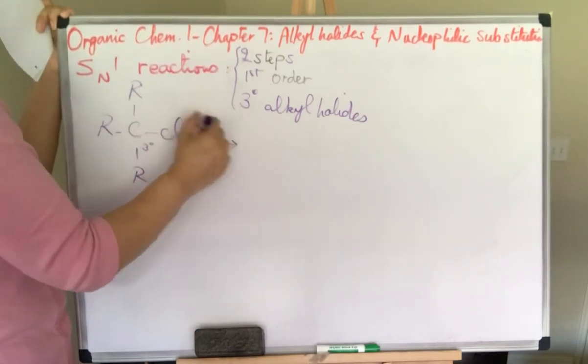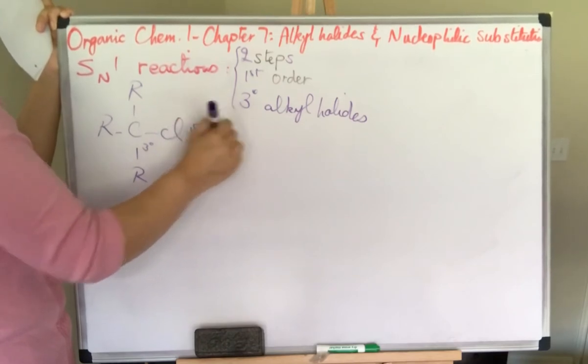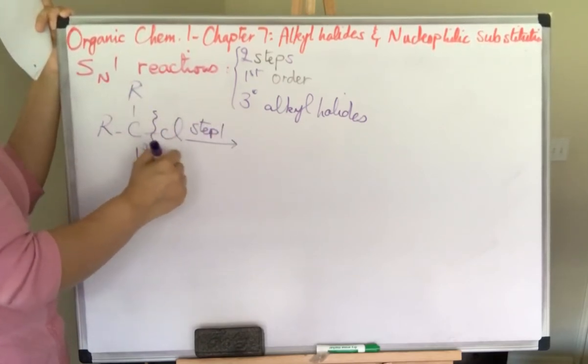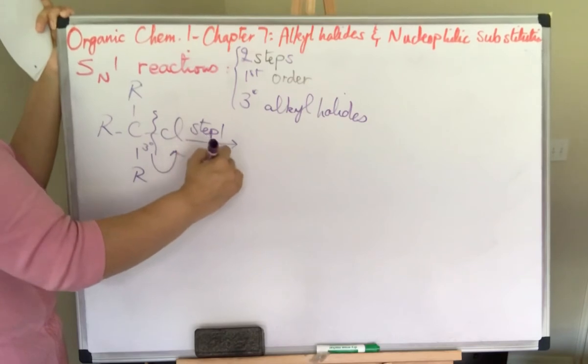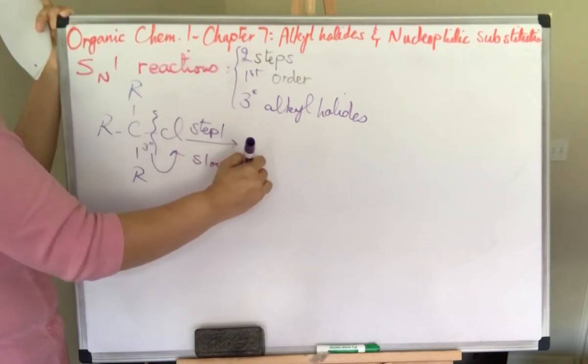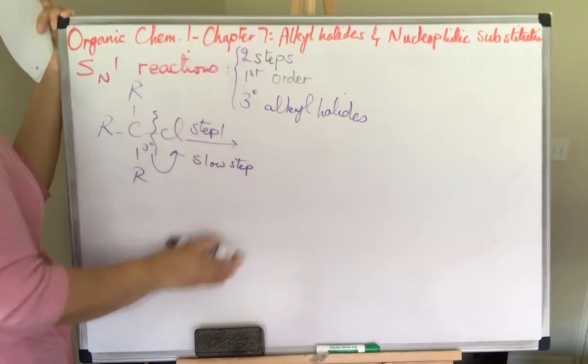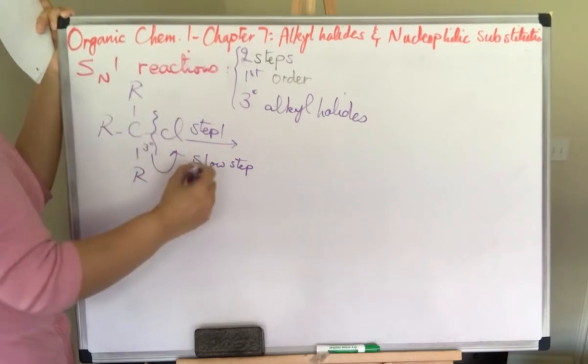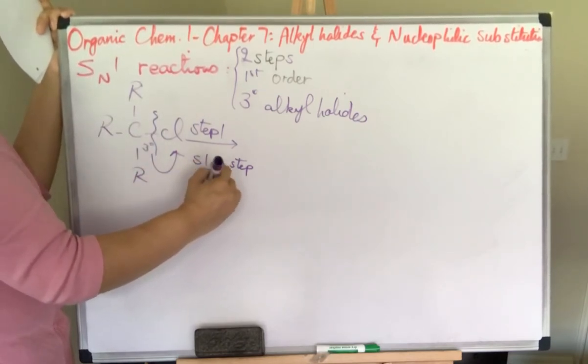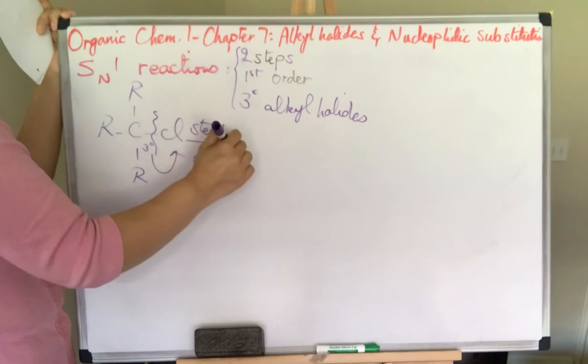So in the first step, the molecule spends energy. That's the slow step, because it takes some time for a molecule to get rid of the leaving group. So slow step or rate determining step, general chemistry 1.